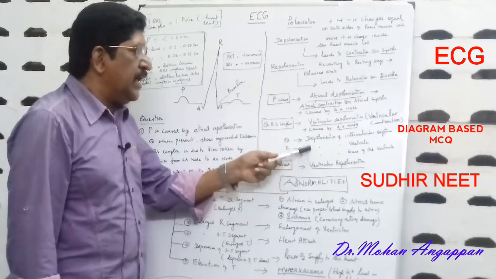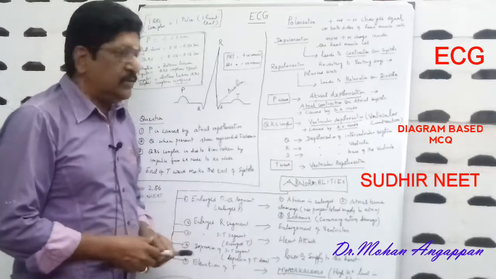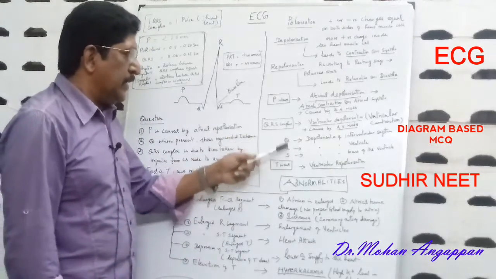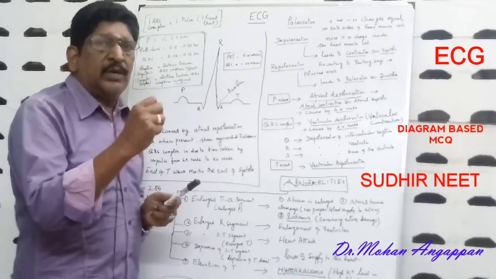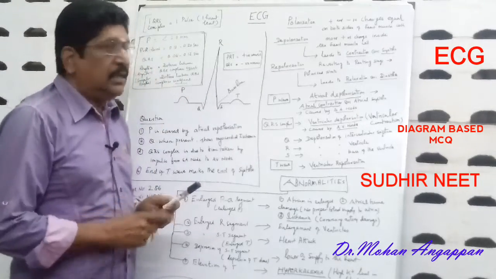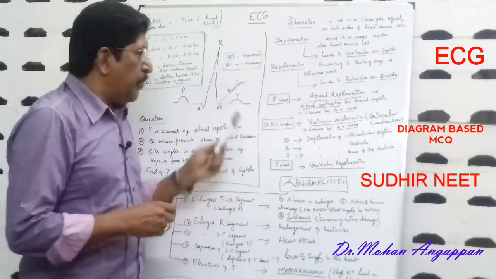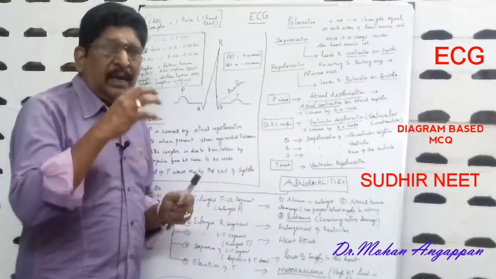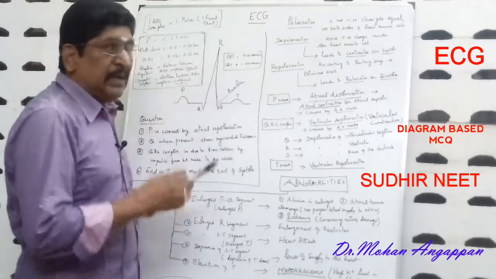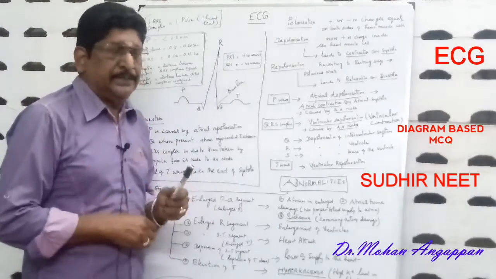S represents the depolarization of the base of the ventricle. This is about the QRS complex. So one QRS complex is equal to one pulse, that is one heartbeat. So by taking the QRS complexes for a particular time, we can calculate the heartbeat of a person.